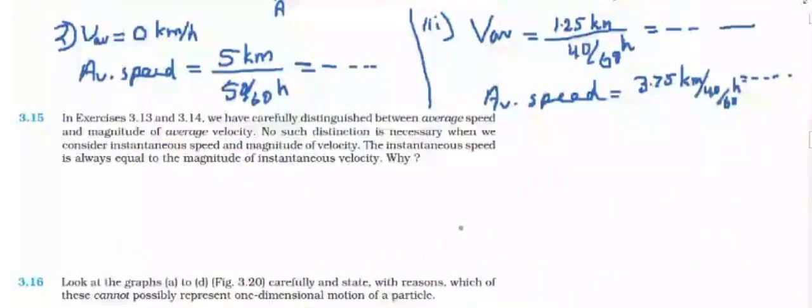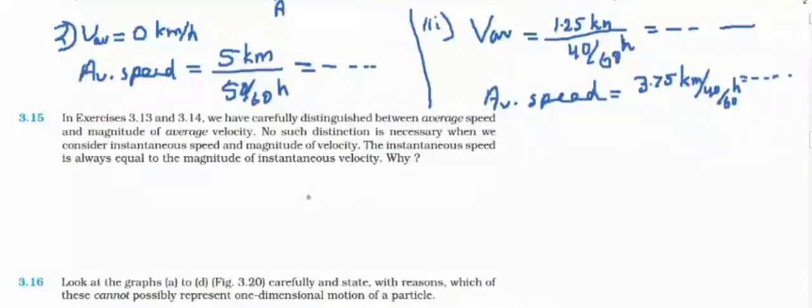Now, next, about the previous exercise: we have carefully distinguished between average speed and the magnitude of average velocity. No such distinction is necessary when we consider the instantaneous speed and the magnitude of velocity. Instantaneous speed is always equal to the magnitude of instantaneous velocity. Why?